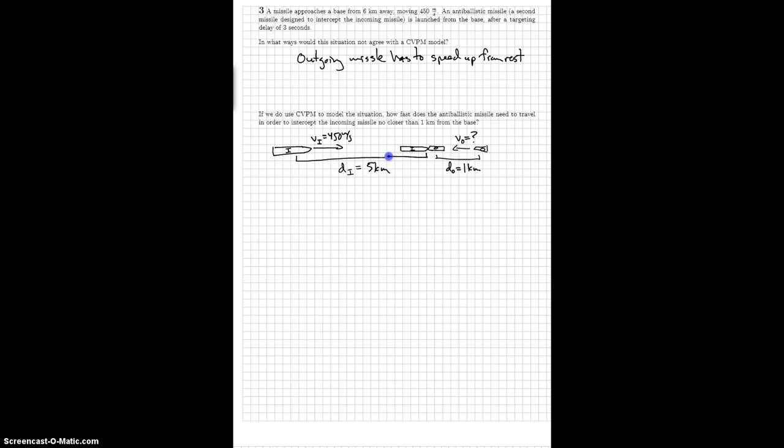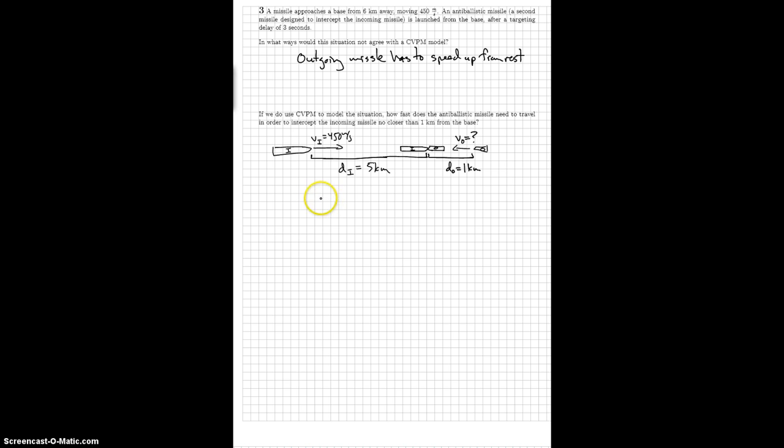Okay, let's measure from the tip of the missile to the tip of the missile. We always have to measure to the same part of the object each time. There we go. Now the distance between them overall is 6 kilometers. So that was a super easy little subtraction. It's okay if we do that non-symbolically there. Anything even slightly involved, we're going to do symbolically. That was super easy, so we're okay with that.